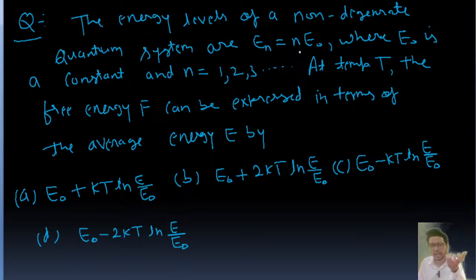Energy eigenvalues have been given, where E naught is a constant and n is an integer from 1 to infinity, 1, 2, 3 and so on. At temperature T, the free energy F can be expressed in terms of average energy. So we need to find the Helmholtz free energy in terms of the average energy E. Okay, so this is the question.